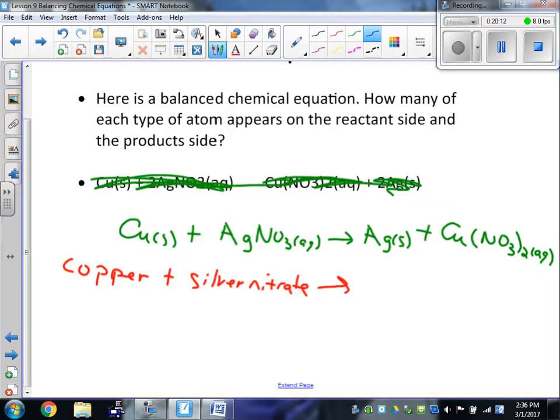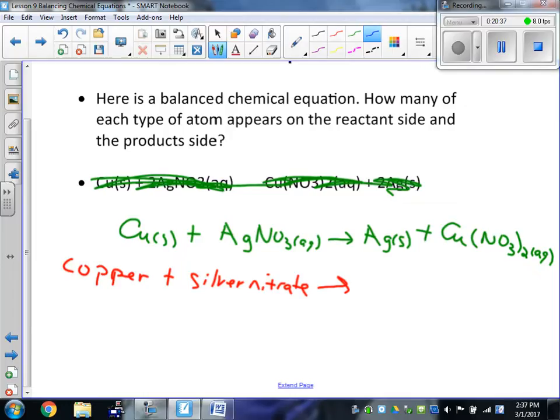Metal and a non-metal. So there's the metal, and there's your corresponding metal. This would be your non-metal, NO3 1 minus, nitrate. There's your non-metal here, nitrate, same thing.